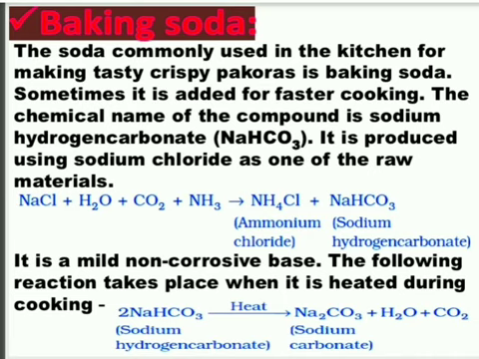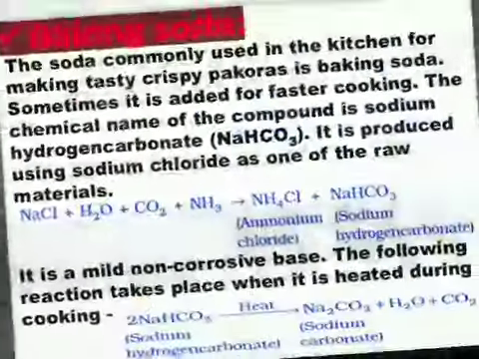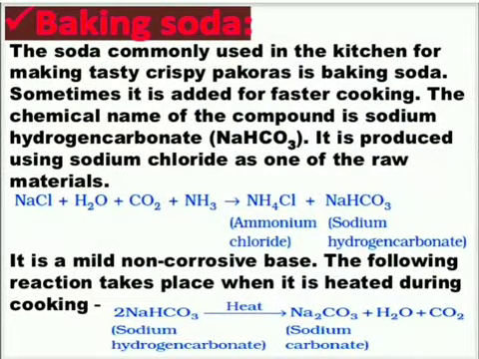So baking soda is the general name of sodium hydrogen carbonate. What is the formula? NaHCO3. Okay, Na means sodium, H means hydrogen, and carbonate means CO3. Is it okay? Then how is it produced?